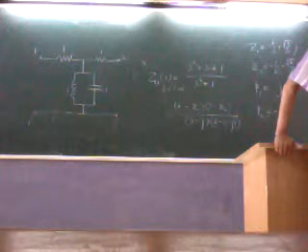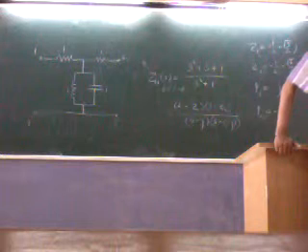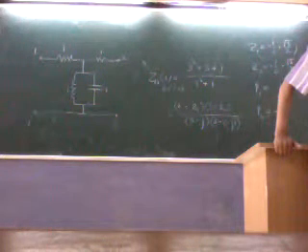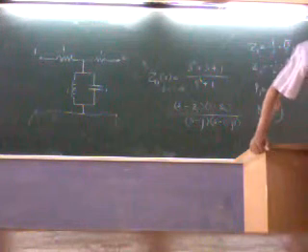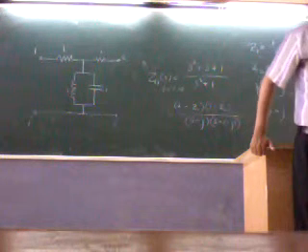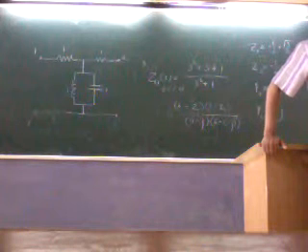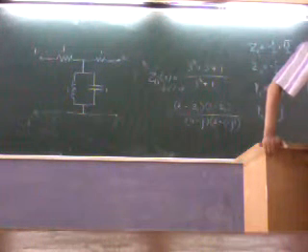Instead of applying e raised to st alone, we apply e raised to st plus e raised to s star t. For a particular value of S equal to S1, I may apply e raised to S1 t plus e raised to S1 star t.